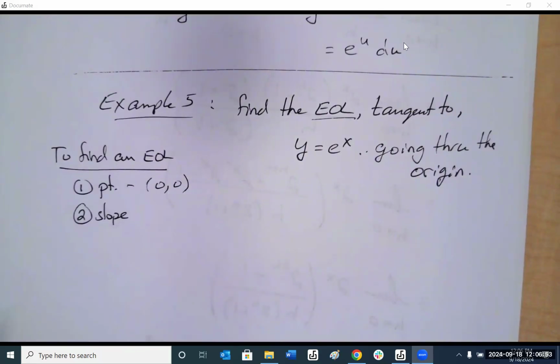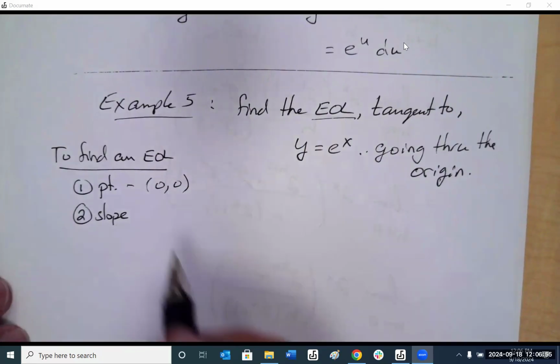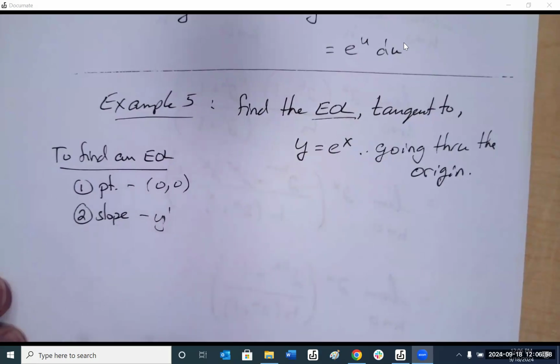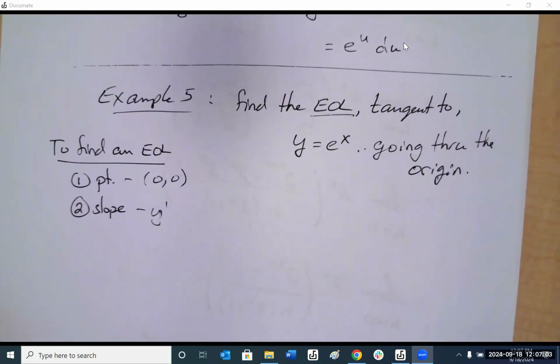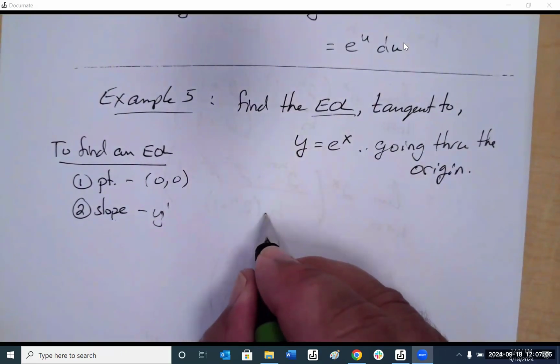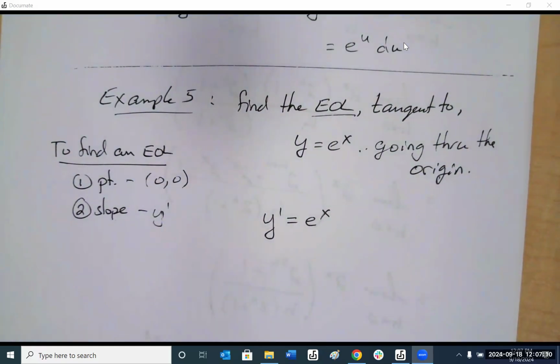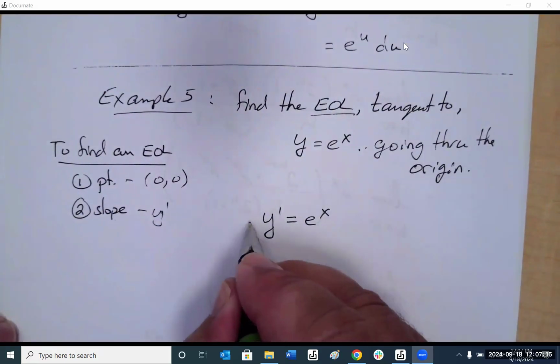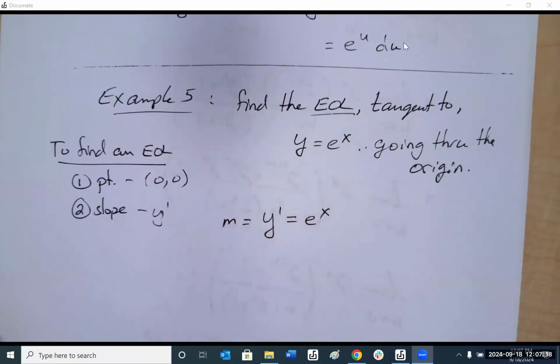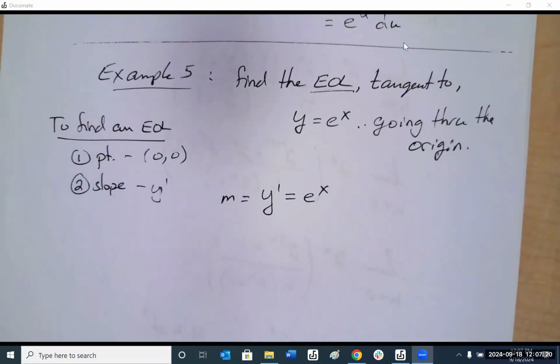Do we have a slope? Yeah, that's the y derivative. So the derivative of e to the x is e to the x. So that's my slope. But what's missing?